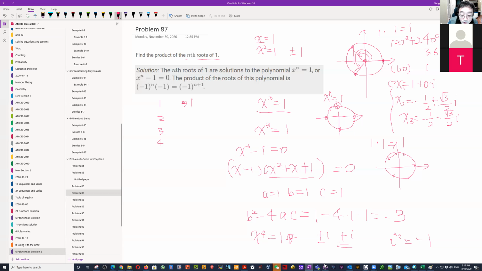If you multiply, this is -1 times -i squared, and negative times positive is just i squared. I squared by definition is -1. So it just flip-flops this way.